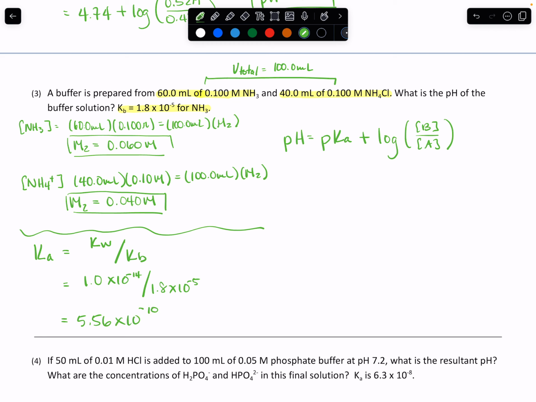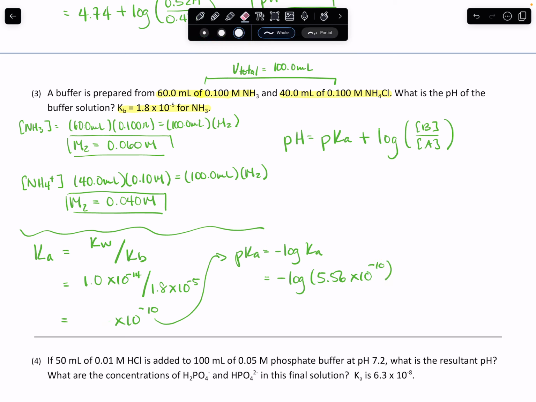All right, now that's not quite what I need. I need pKa. So I'm going to take that and calculate pKa, the negative log of my Ka value. So we get the negative log of 5.56 times 10 to the negative 10. Oh, for digits purposes, I should be using 5.6 here.